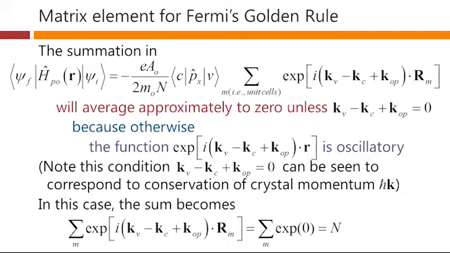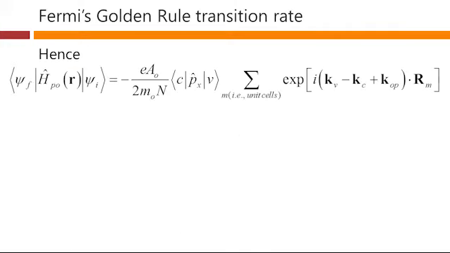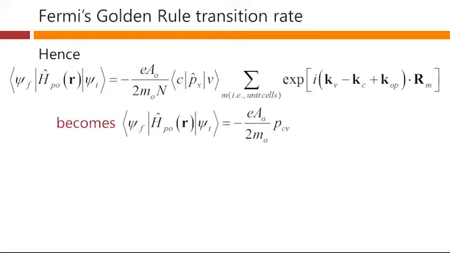In this case, if we set these wave vectors summed together to 0, then this summation here just becomes the sum over all the unit cells of e to the 0, and that's n. Hence, finally, using the expression we had before, the n's cancel.